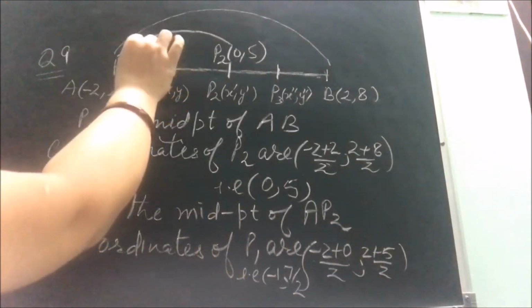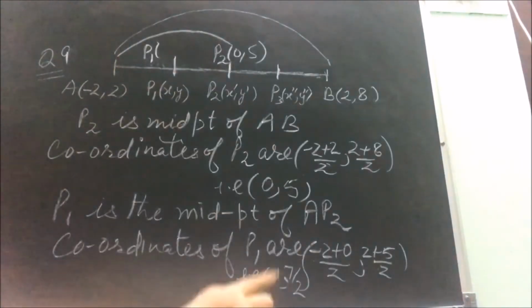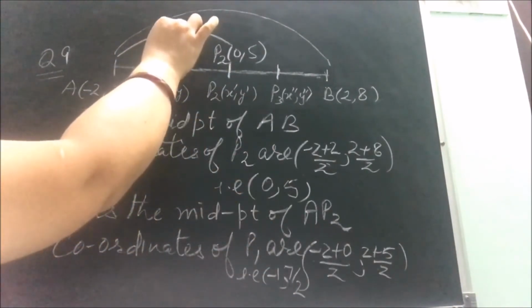So the coordinates of P1 are minus 1, 7 by 2.